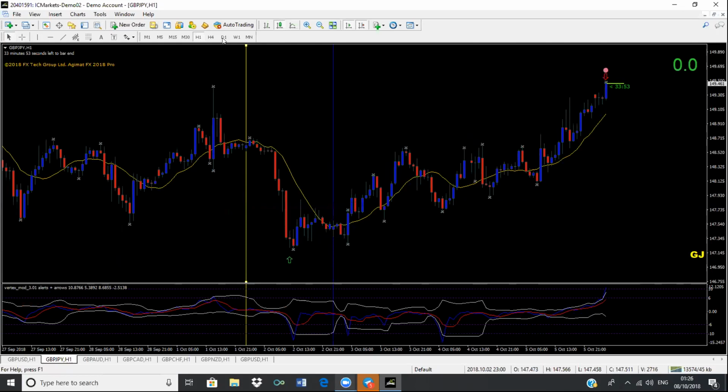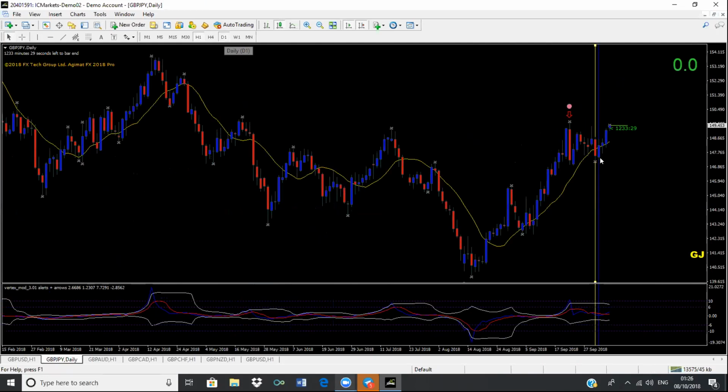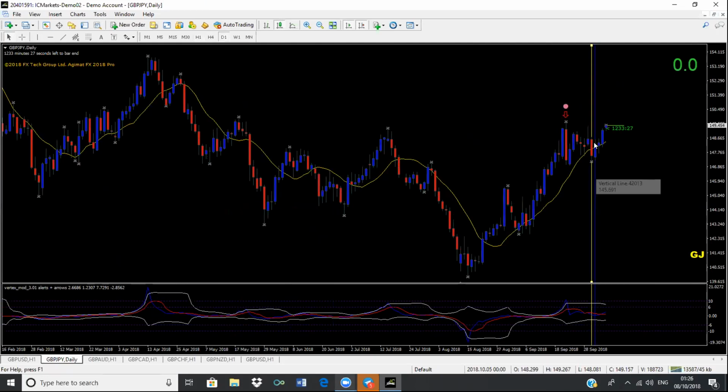And if we go to the daily, we will see the exact day, the exact candle the blue line is going to be at. I was right. Let's go see it. Just give it time. There you go. It was a blue going up.